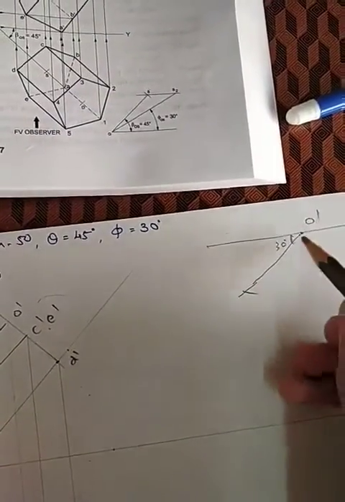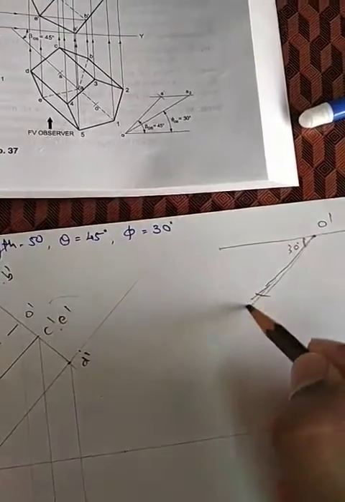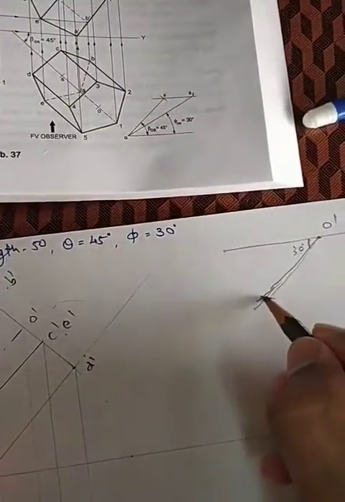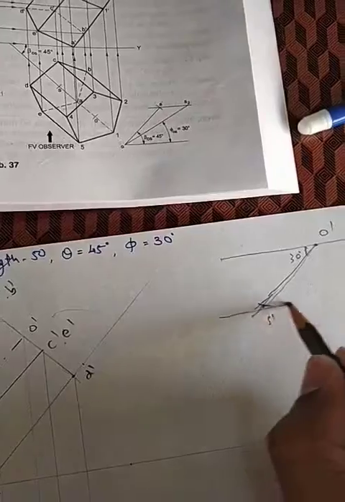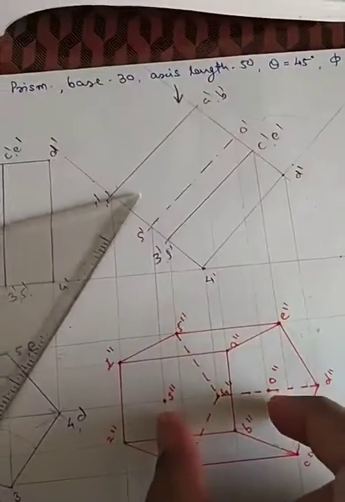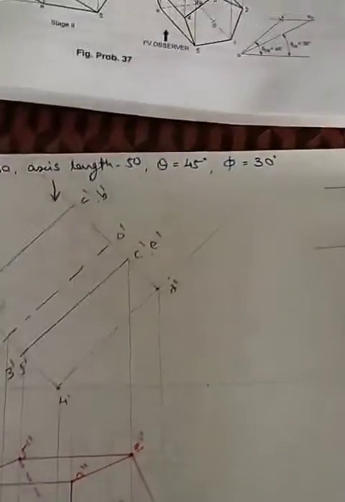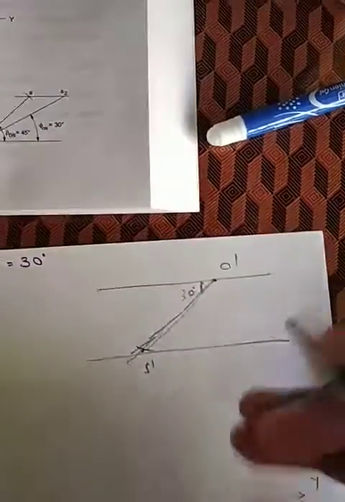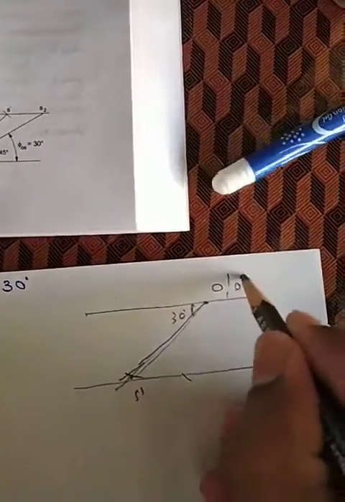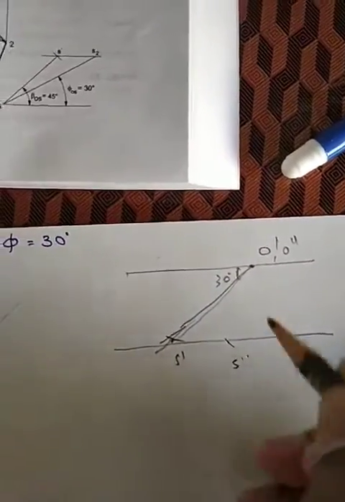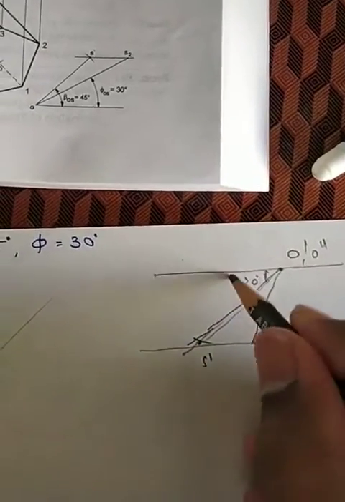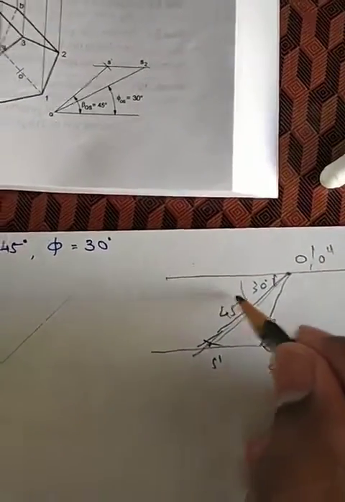Take O dash point, 30 degree angle, draw a line O dash S dash, so you will get S dash point, draw a horizontal line from that. After that, take radius equal to O double dash S double dash. From this point you have to mark an arc of O double dash S double dash, so you will get a certain angle. So in this particular problem it becomes 45 degree.